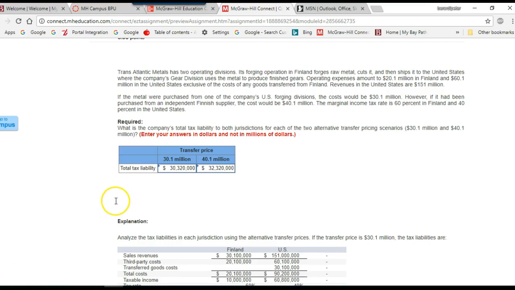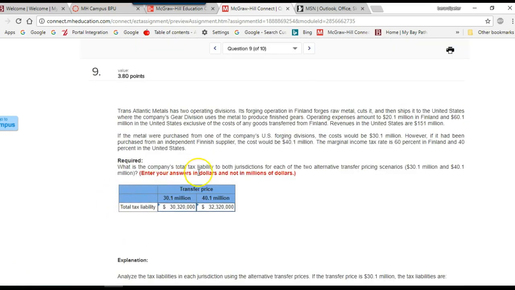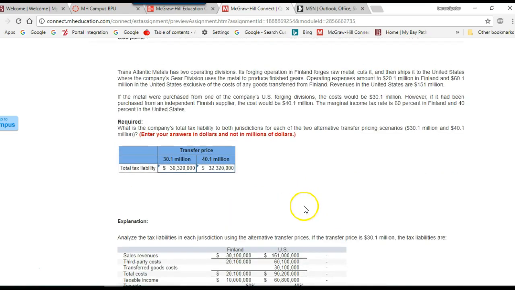The next problem is Transatlantic Metals has 2 operating divisions. Its forging operation in Finland, which is one division, and then it ships to the U.S., which is another division, the gear division, which uses the metals to produce finished gears.